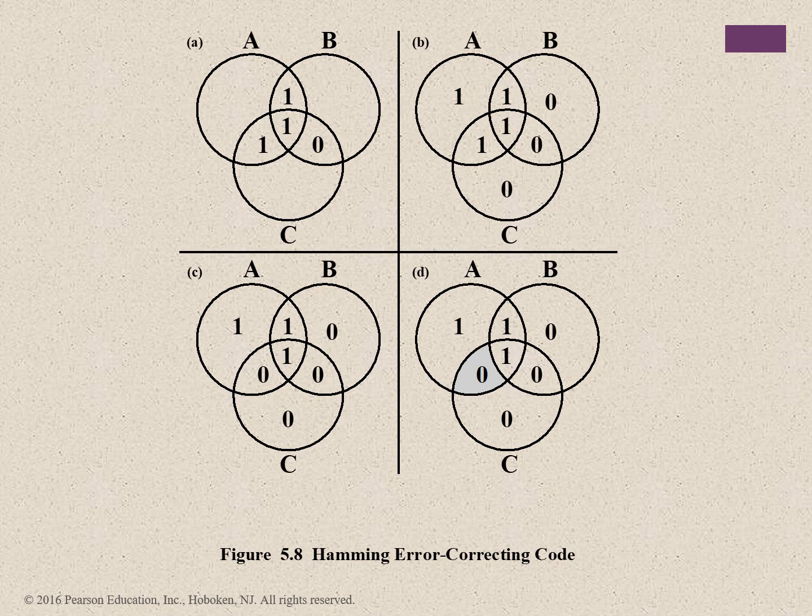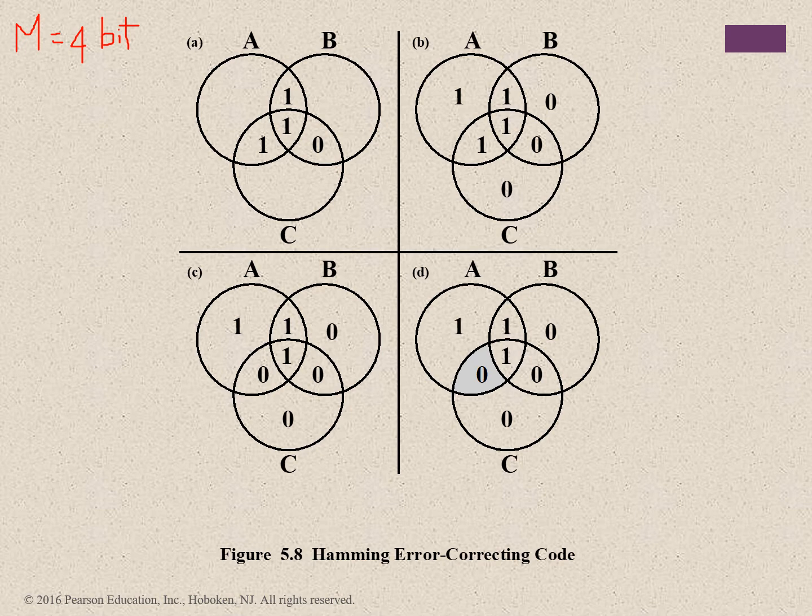This Venn diagram illustrated in this slide is used to check a 4-bit data word. Let's assume the number of data bits is equal to 4. Let's see how these three circles represent the bits.